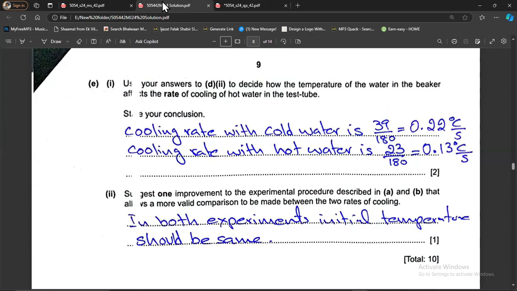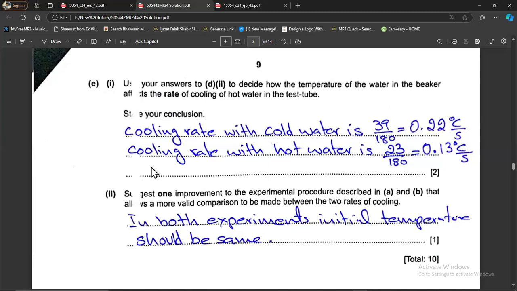When the temperature of the water in the beaker is less, the rate of cooling is faster. When the temperature of the water in the beaker is higher, the rate of cooling is less. Okay, so write that comment. I have not written it here, but you can write it here.